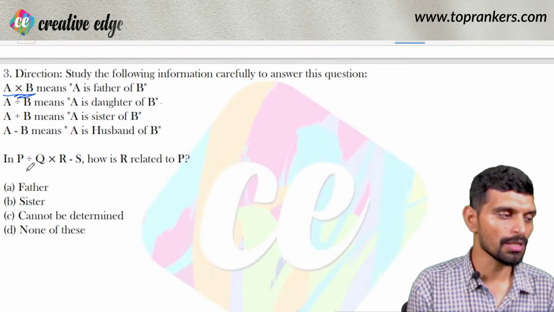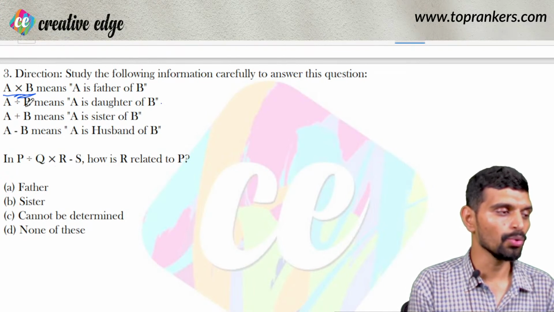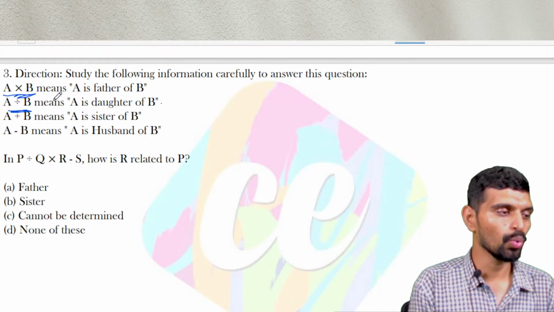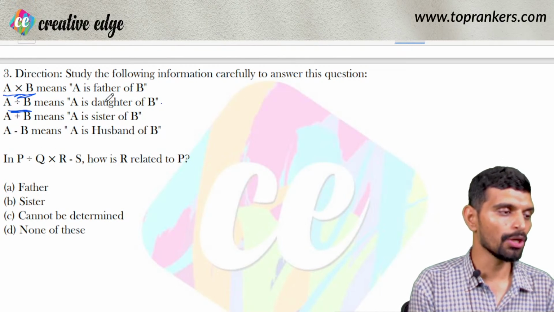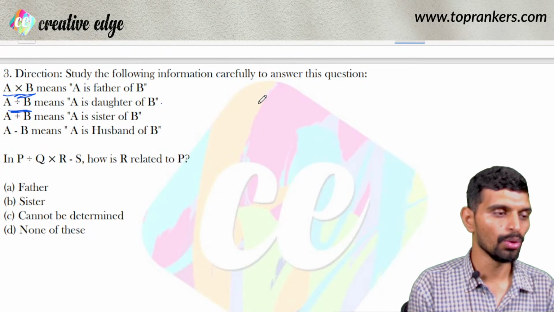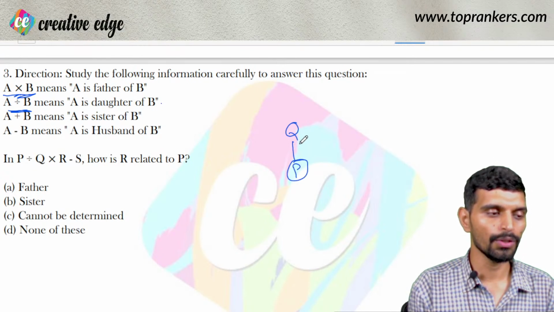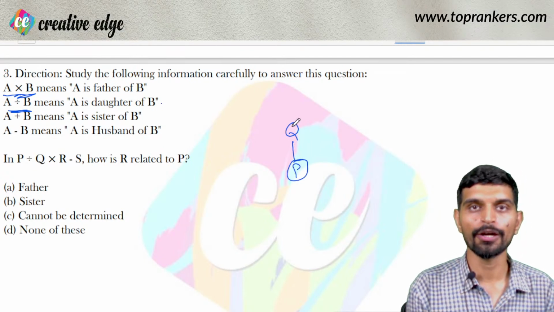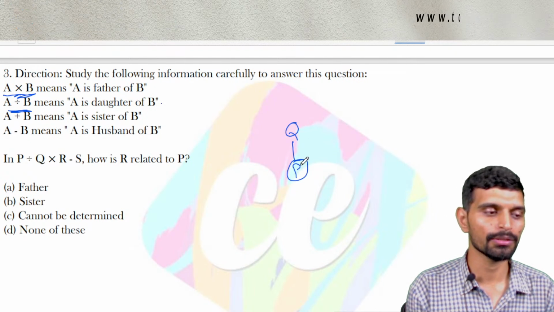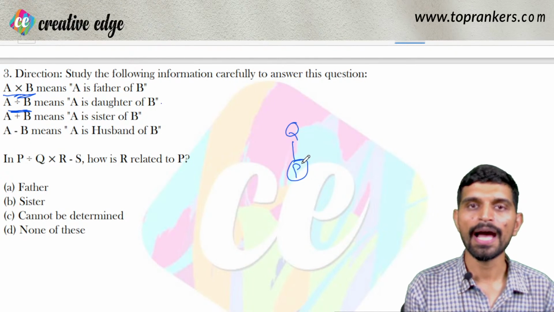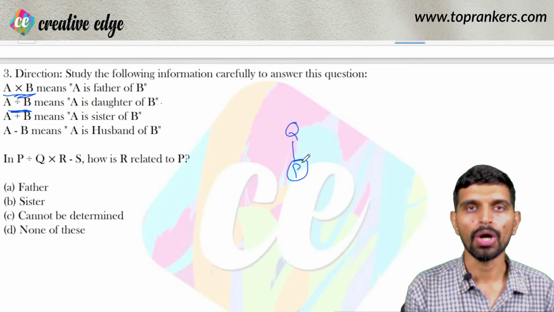So now let's see here, P divided by Q. So person P should be daughter of person Q. I don't know the gender of Q as of now, but the gender of P is confirmed as P is daughter, right?